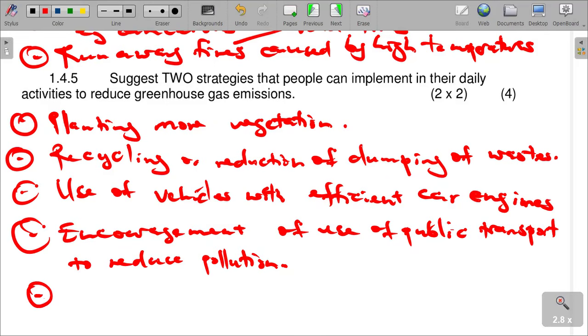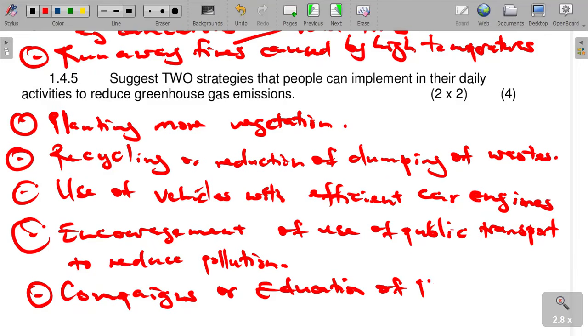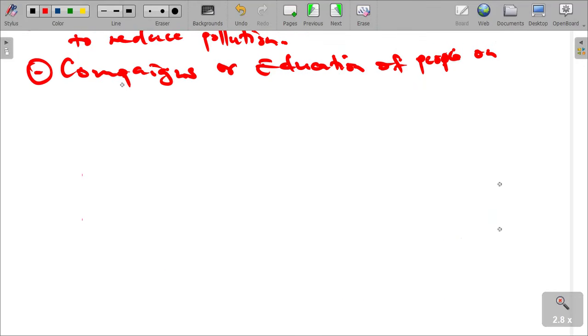Education, and we talk about campaigns or education of people on the importance of a clean environment.